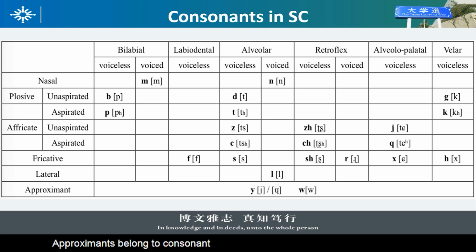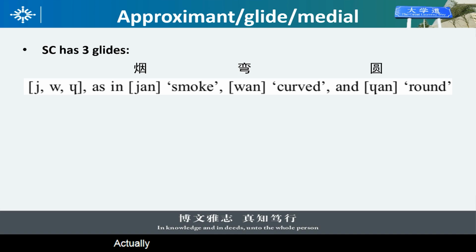Approximants belong to consonants, but they are very similar to vowels. Actually, you can find counterparts in vowels, such as i, u, ü, and you have these three as approximants.